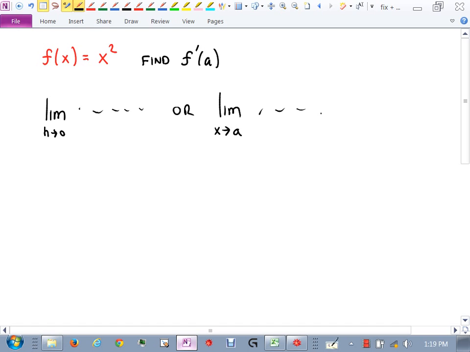You could choose. I'm not going to show the work. Let's say you do that and you get your answer. By the way, let's cheat. The 2 comes out and then x to the first power, so it should be 2a, shouldn't it? I'm not showing the work that goes there. And now let's convert it over to the variable x, so everything's in terms of x. And I'll do it in green.